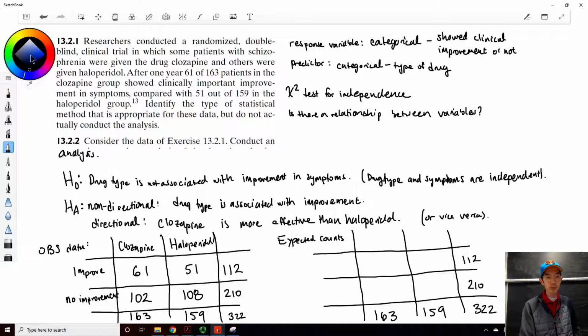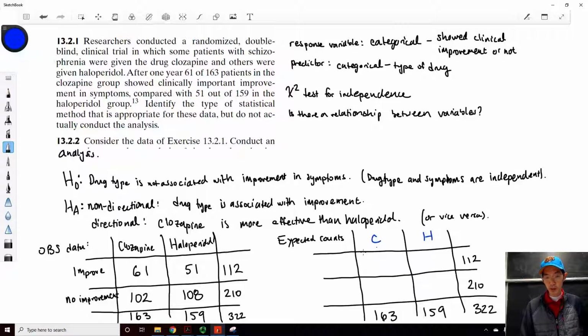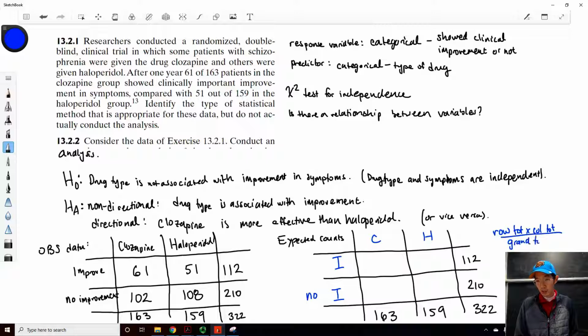Okay. And we really only need to find one cell. If I find one cell, let me just write improvement, no improvement. Okay, and then for this one, just do row total times column total divided by grand total.